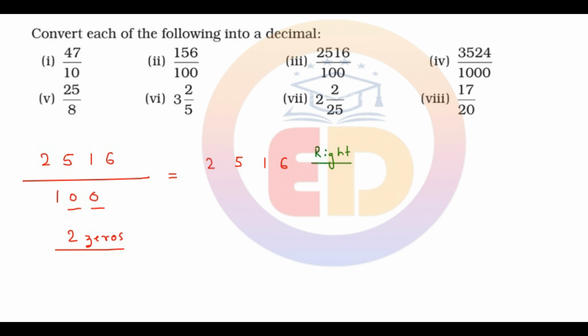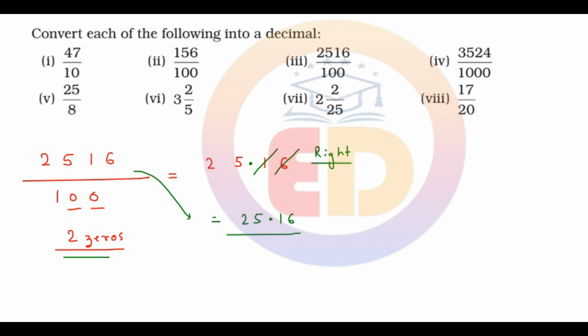So since the denominator has 2 zeros, I will count 2 digits. 2 digits from right side will be 6, 1, put a decimal point. My answer is 25.16. So 2516 upon 100 will give me 25.16 in the decimal number.